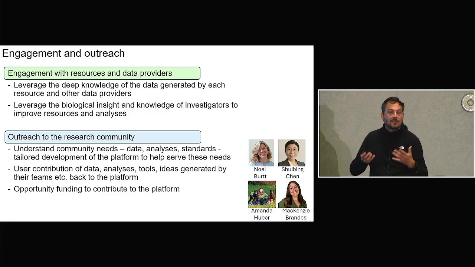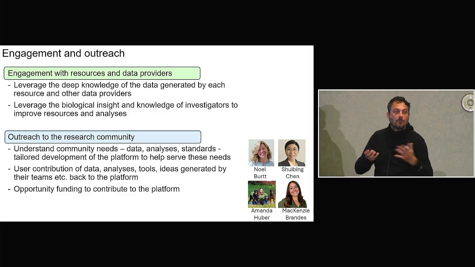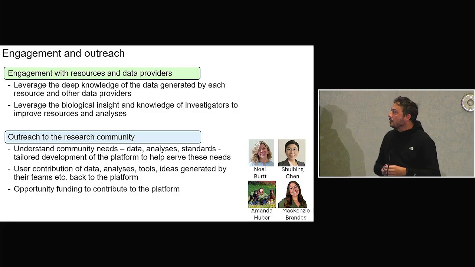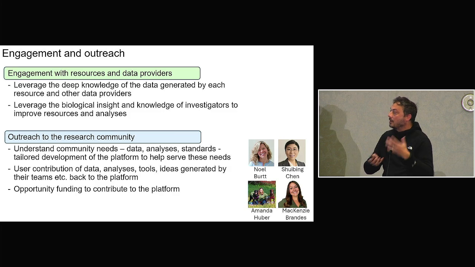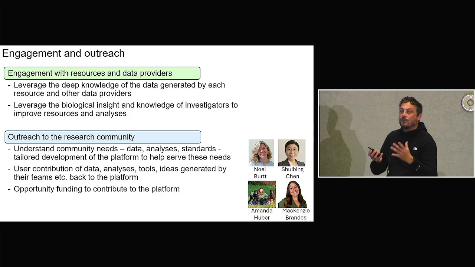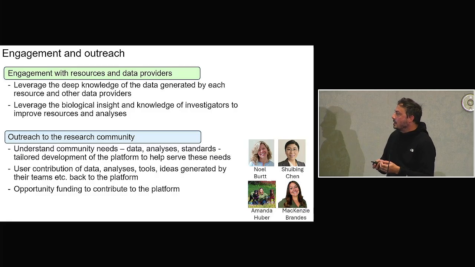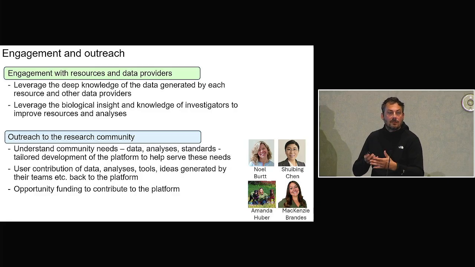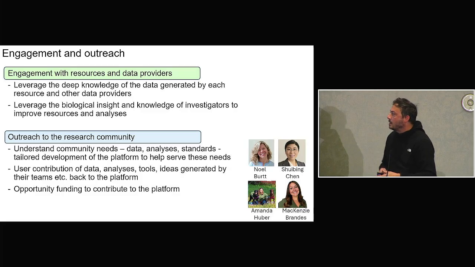Also leverage the insight that the generators of these data have to think about the types of questions that are ideally asked from these data, as well as the outreach to the broader research community, just like today, to understand community needs, data analysis standards, tailored development of the platform to address questions that the research community is actually interested in, as well as hopefully facilitating user contribution of data, tools they're developing, analyses they're interested in, ideas back into the platform.